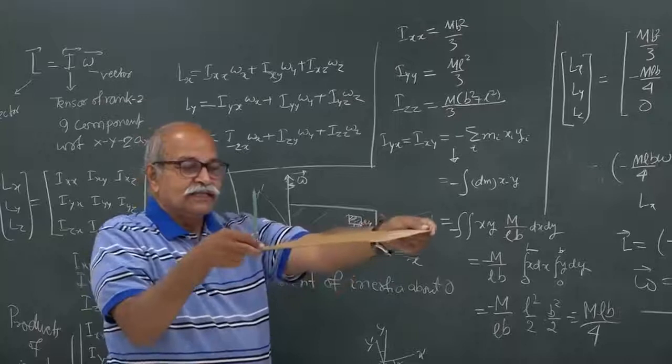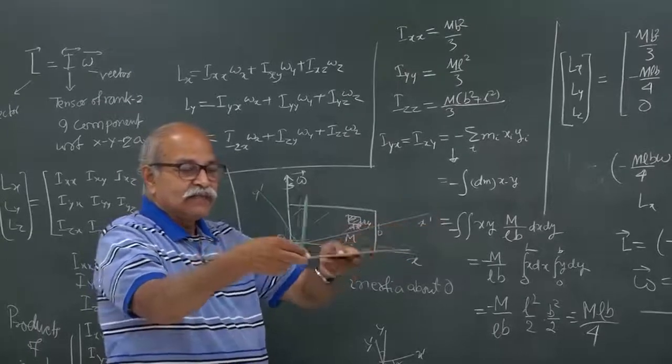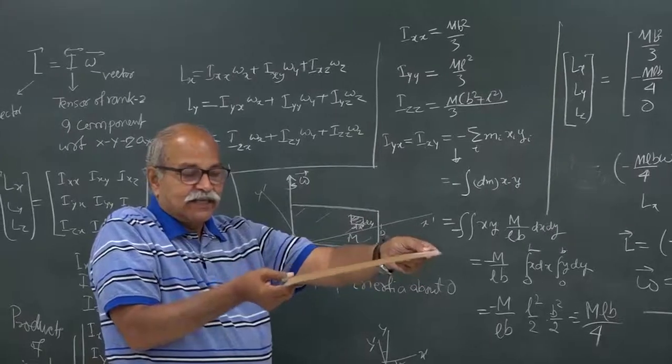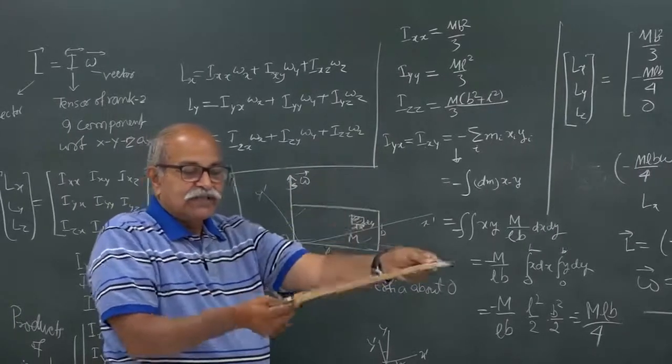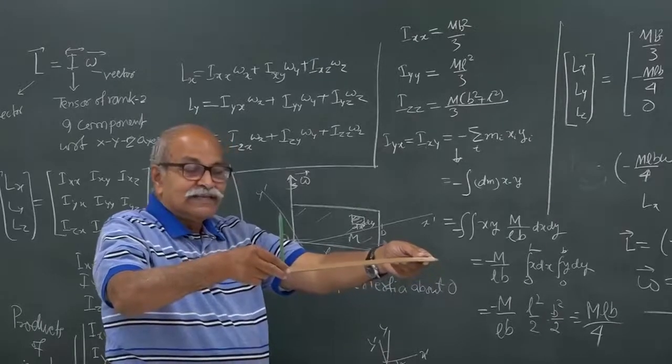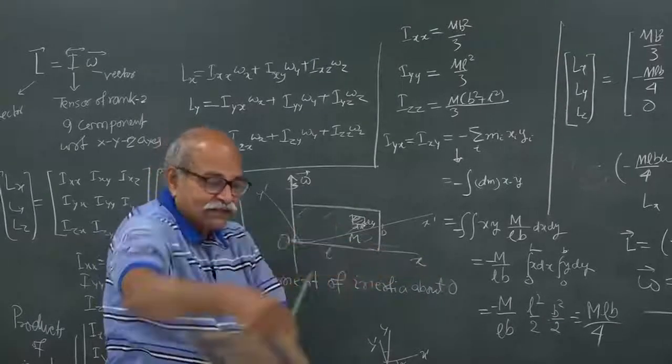Previously, we had the y axis as the axis of rotation. The only change we are making is the same origin, but now omega is along the z axis.